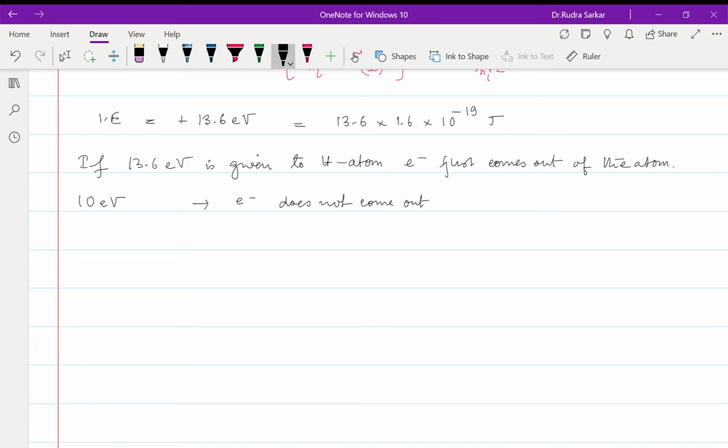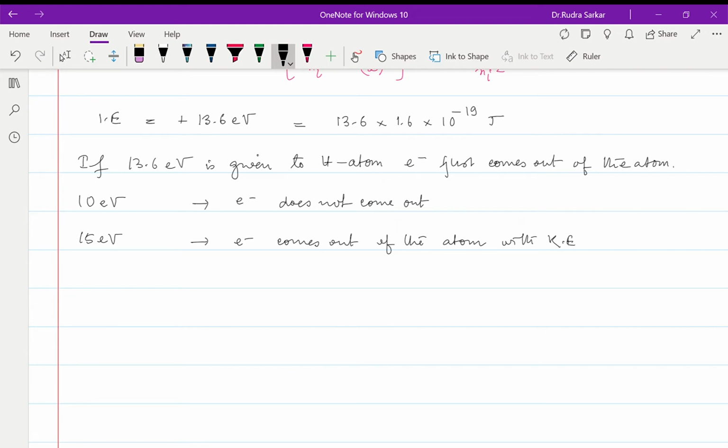If I give 15 electron volts, do you think the electron will come out? Yes. So what happens to the rest of the energy? The electron comes out of the atom, with some kinetic energy.